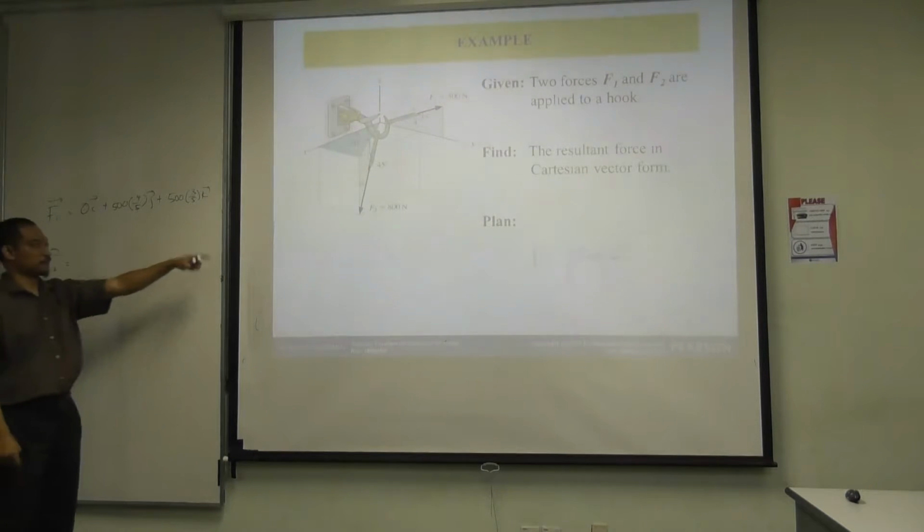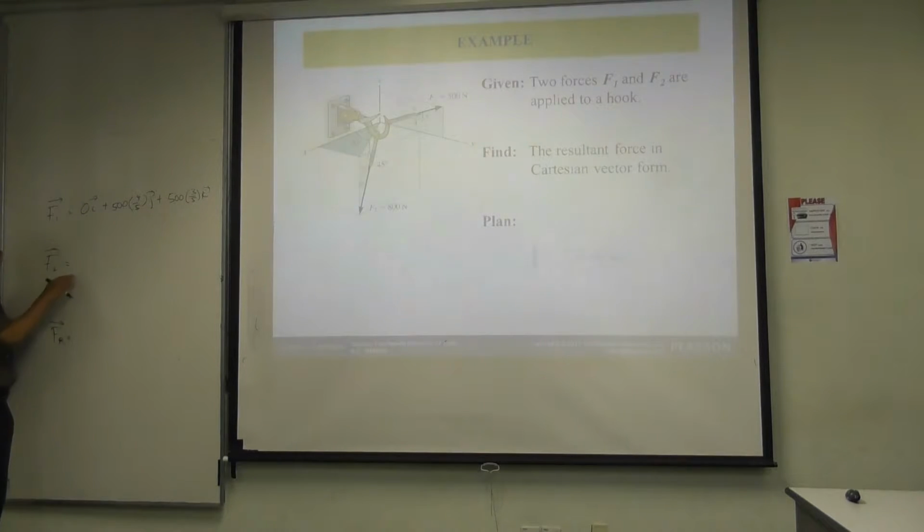What about this one? F2. What is the x component? Cos 45. Cos apa? 30.